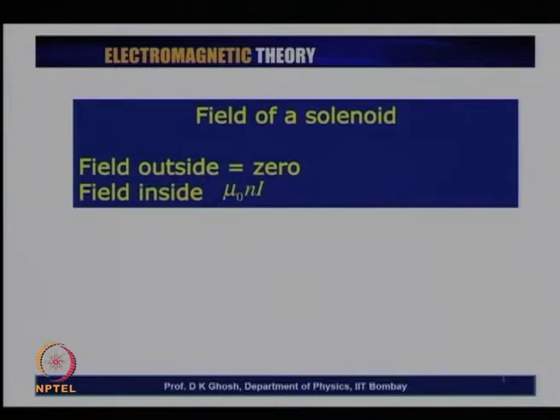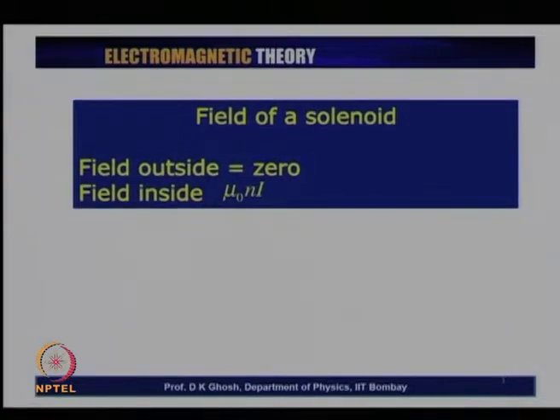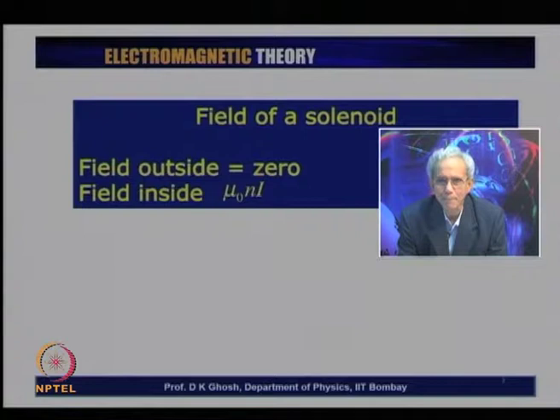I will not be working this out, but they are rather trivial because most of them are done in school. The field due to a solenoid, and we had seen this is rather easy to work out if you use the Ampere's law.